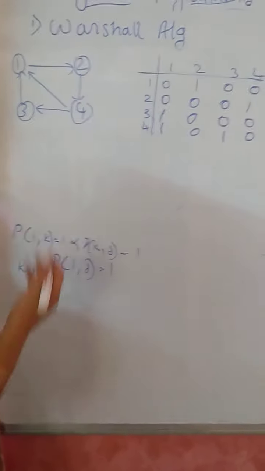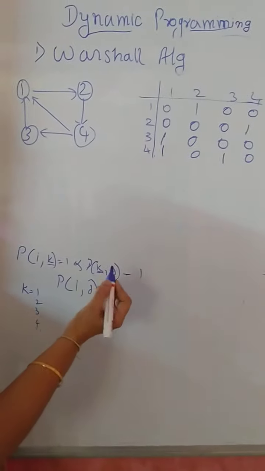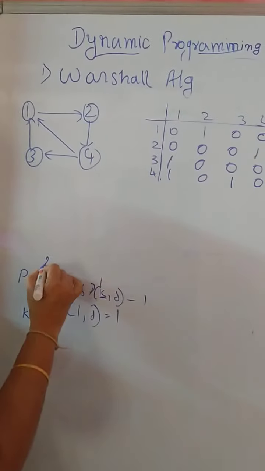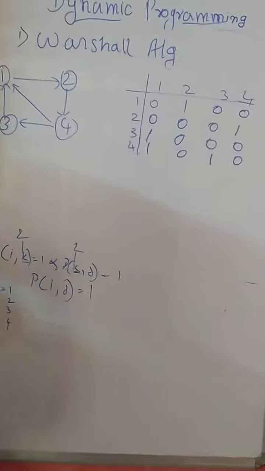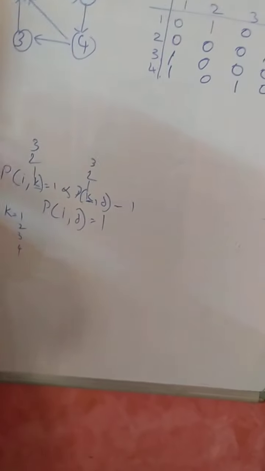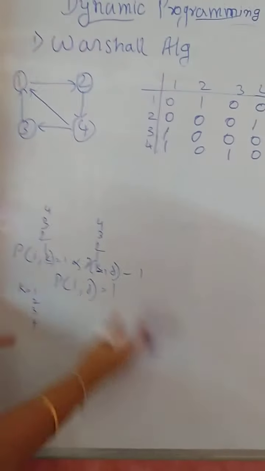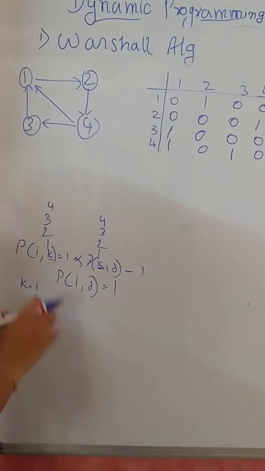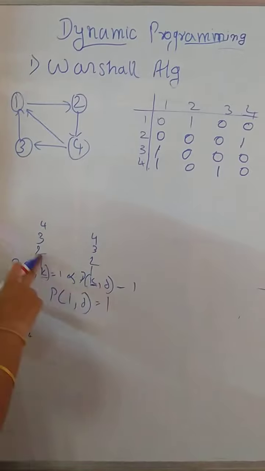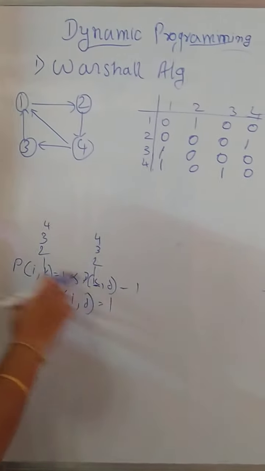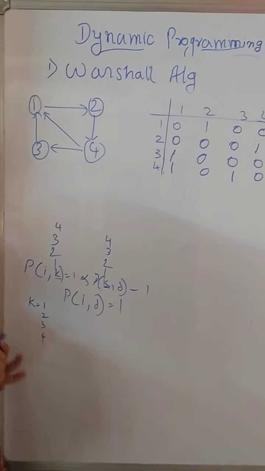That is what I am doing now. Initially k is through vertex 1. Next iteration through vertex 2, next through vertex 3, next through vertex 4. Same algorithm, only I am tracing. Initially, what is my k value? 1. I am not starting with 0, I am starting with 1. Then 2, then 3, then 4. That is what we will do now.